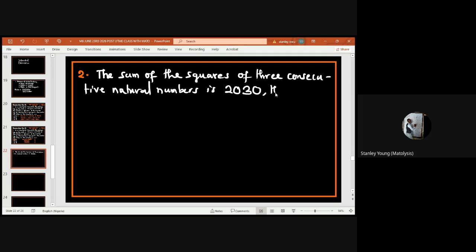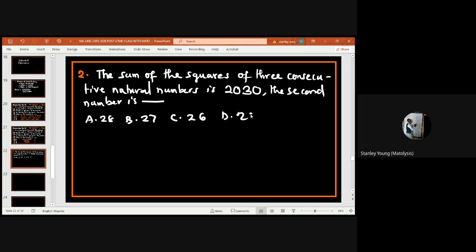So the question is asking, the second number is dash. Option A, we have 28. B, we have 27. C, you have 26. D, you have 25. Now, if you were to be a candidate in the exam hall, don't try to solve this question the original way.